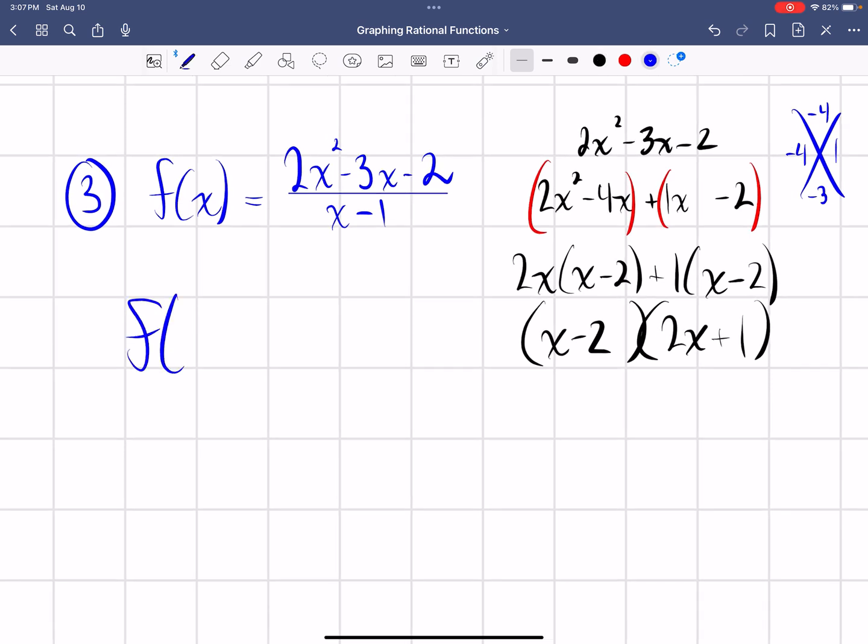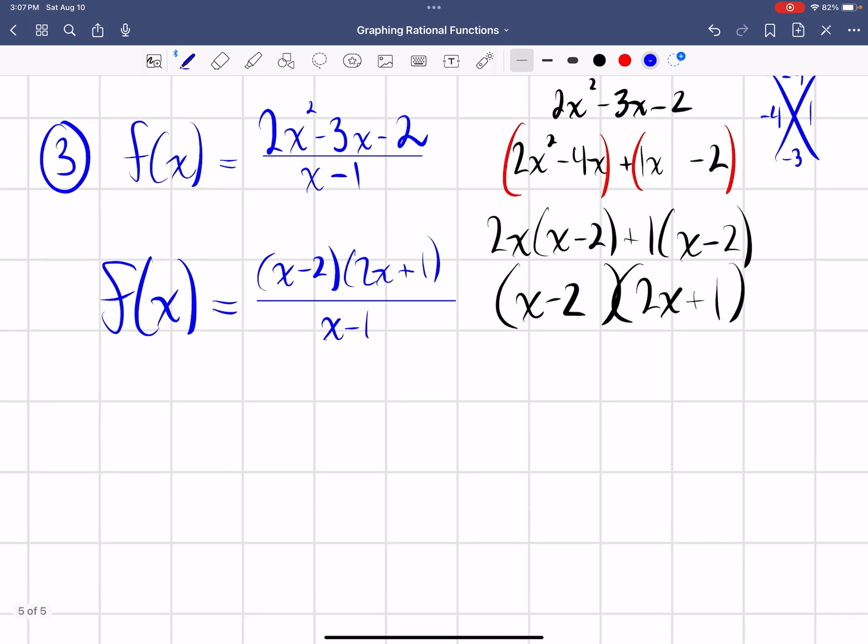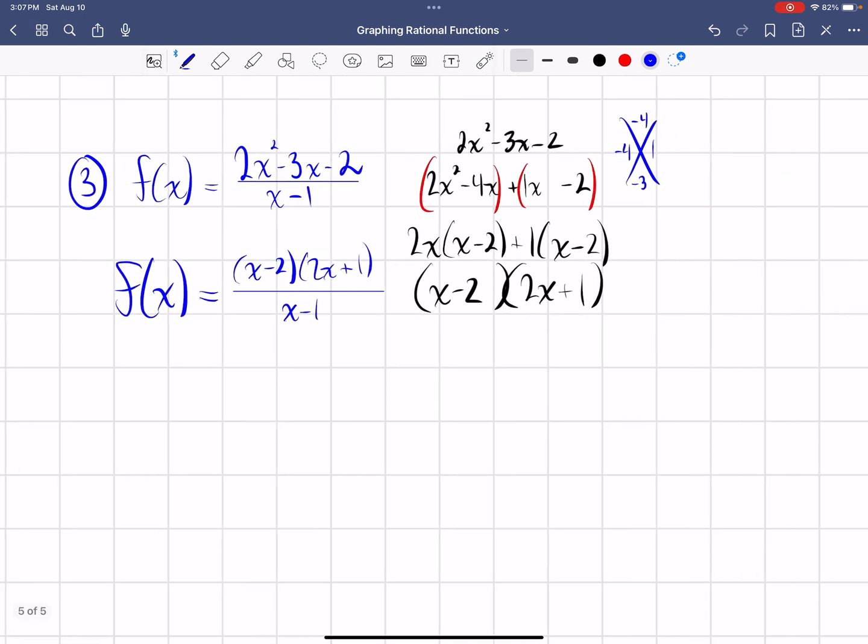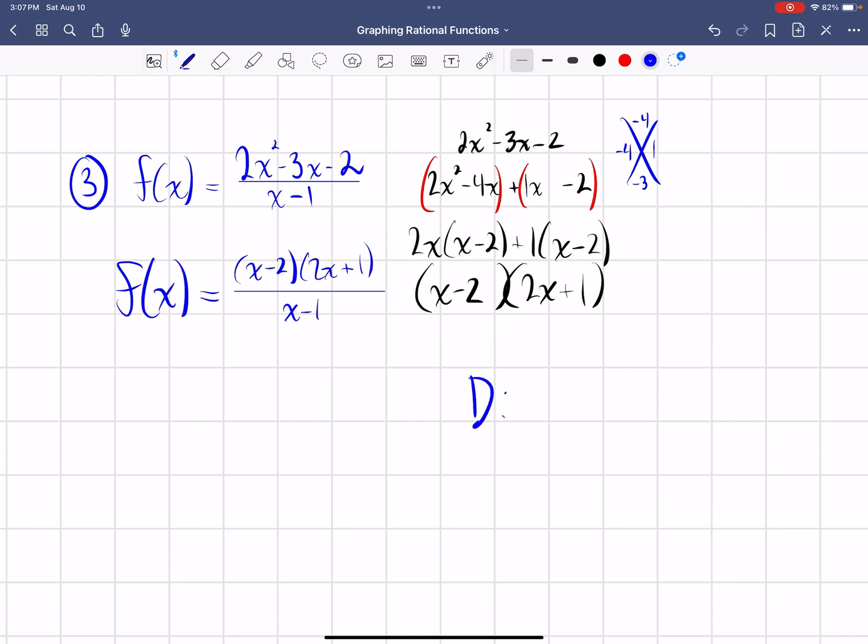So let's rewrite f of x. On the top we have x minus 2 times 2x plus 1. And on the bottom, we just have x minus 1. All right, so we'll state the domain. This one has an easy domain. What numbers will make the denominator 0? Well, there's only one bad guy here, which is 1, right?